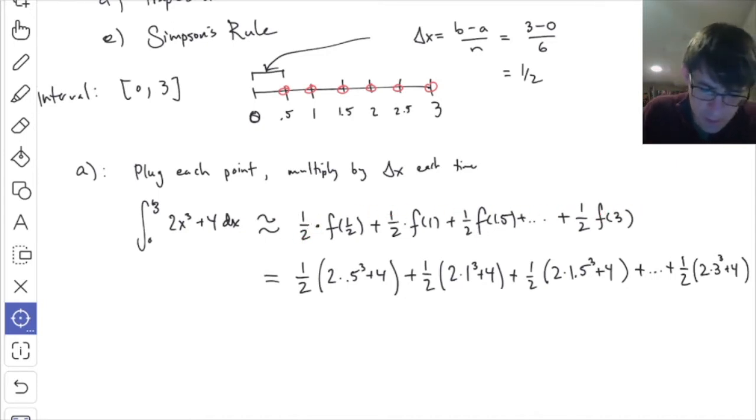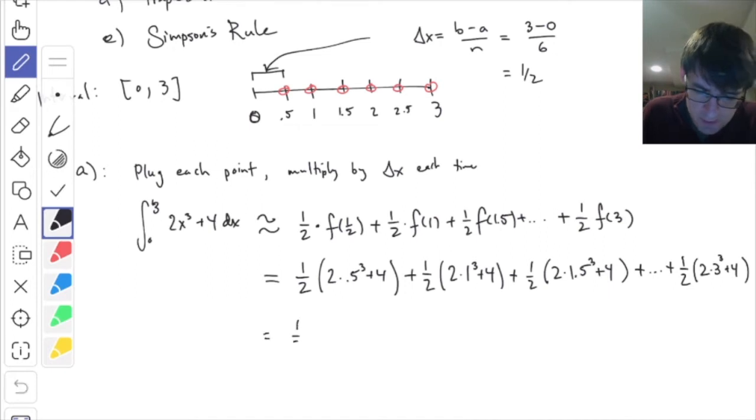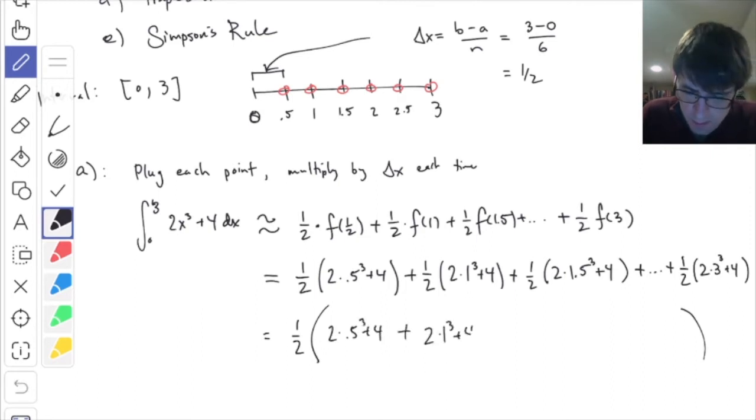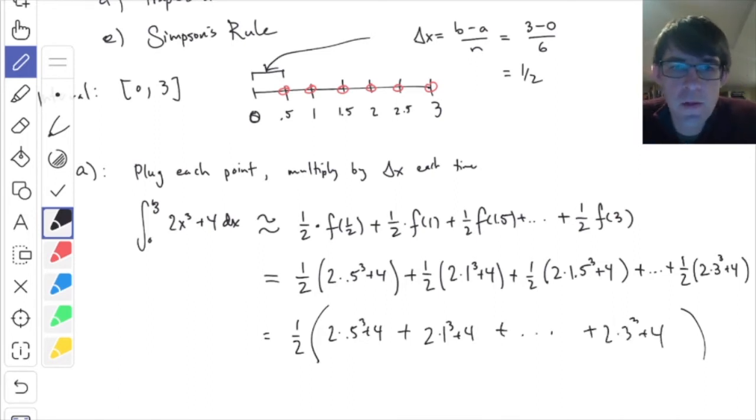So if you prefer, you can write it this way: 1/2 times, and then all that other stuff. 2 times 0.5 cubed plus 4, plus 2 times 1 cubed plus 4, plus, etc. The last one, 2 times 3 cubed plus 4. Yeah, that's fine. Those are the same. I don't care which way you do it. Is that what you meant? Yeah, thank you. Great. Any other questions about that one?